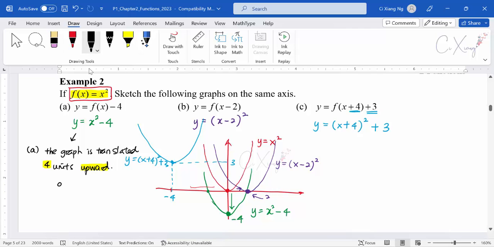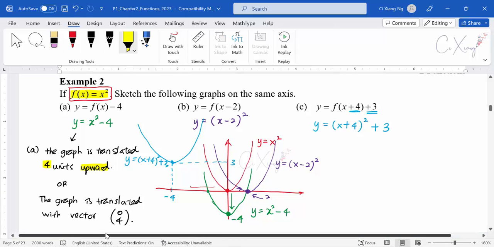Okay, or you can write it like this: the graph is translated with vector (0, 4). So this is another way of writing out the description where the 4 here means that it is in the y direction.